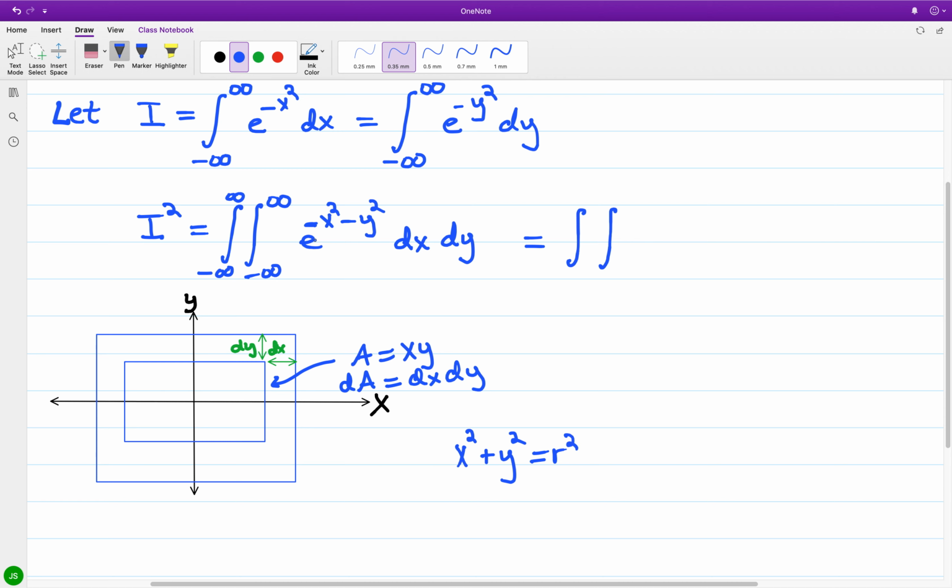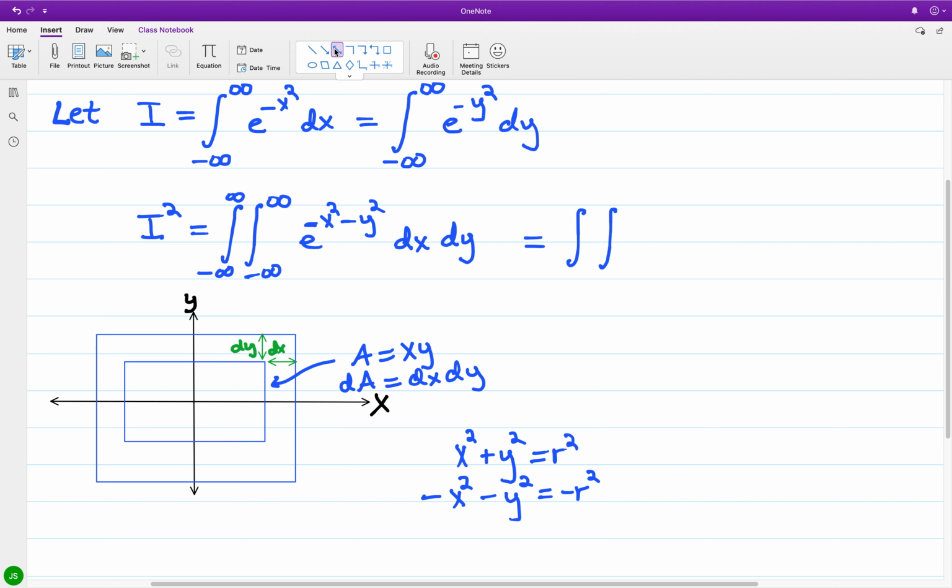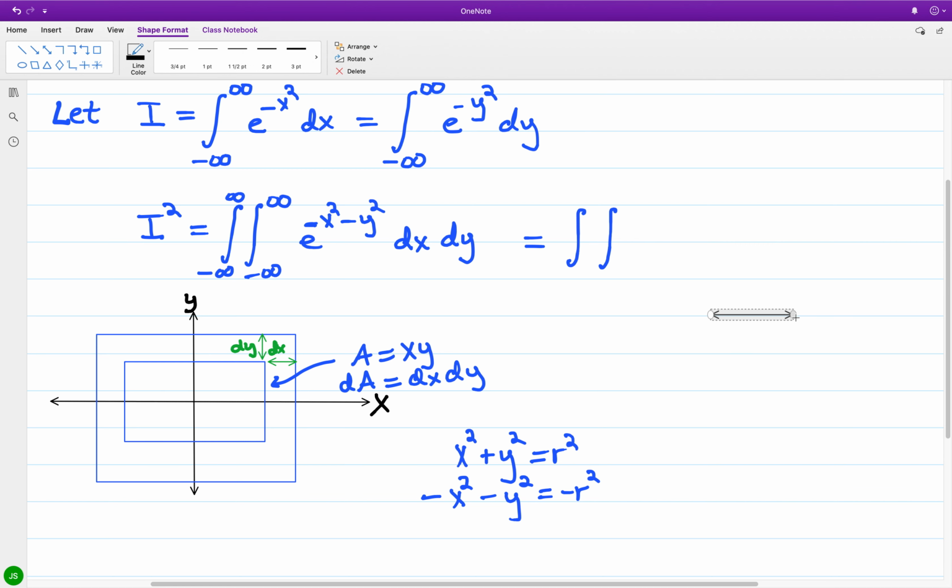And for what I have here, I have e to the negative x squared minus y squared, and negative x squared minus y squared is equal to negative r squared. And from a visual standpoint, we're going from the Cartesian to the polar system.